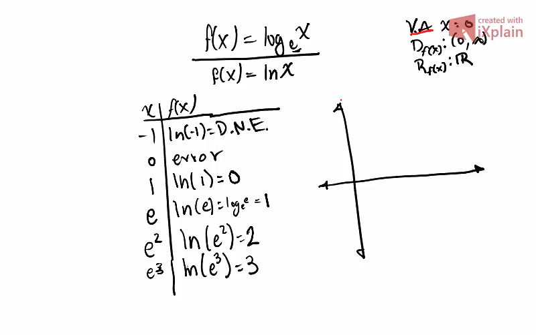I'm going to do it with the red line. You cannot cross this line. Okay, so x equals 0. I'm going to draw a point at 1, and I'm going to do when x equals e, which is 2.7. So we're going to do e right here. I'm going to do e squared over here, and I'm going to do e cubed.